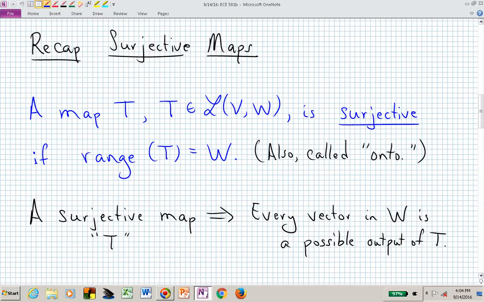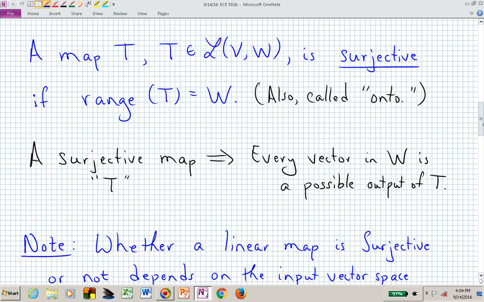Another way of thinking of that, if you have a linear map and it's a surjective map, that really implies that every vector in your output vector space W can be reached through this linear map, capital T. Meaning there's a vector in your input vector space, capital V, little v, that when mapped through T, will take you anywhere in W. That's a surjective map.